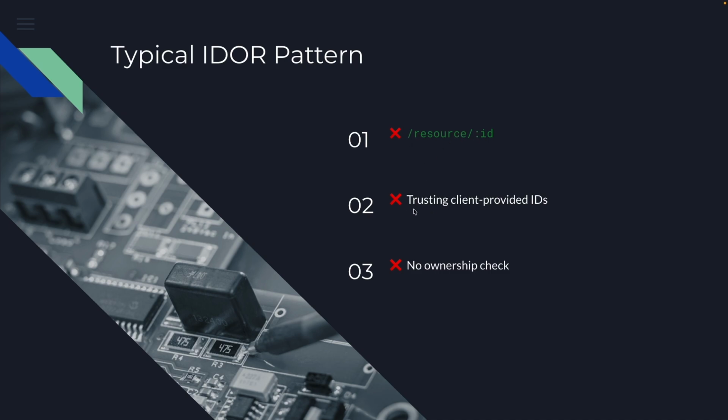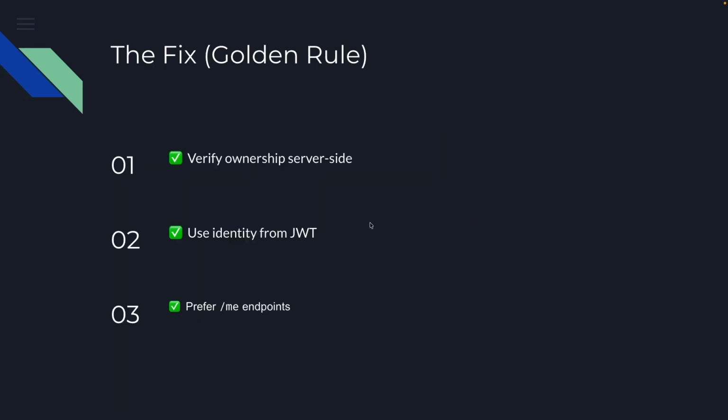And this is the classic mistake that you will see: the backend takes an ID from the URL, fetches it from the database, and returns it without checking ownership. If you change the ID, you can get someone else's data. That's the problem that we're going to fix in a little bit.